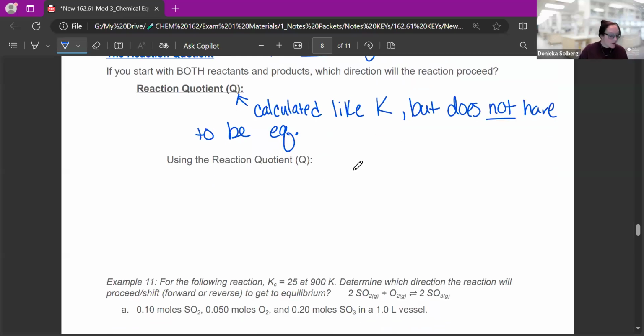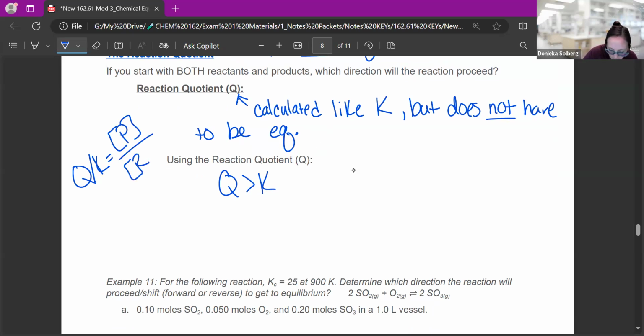Well, if you calculate the reaction quotient and your Q value is greater than K, that would mean, so let's think about what it is, right? Q over K, the way that we calculate these is essentially products over reactants. So mathematically, if it is too big, if Q is greater than K, that means I have too much stuff on top. That would mean I have too many products. The value is too large.